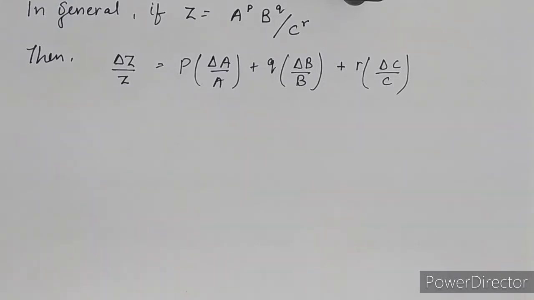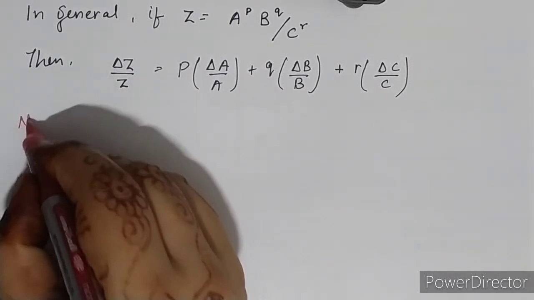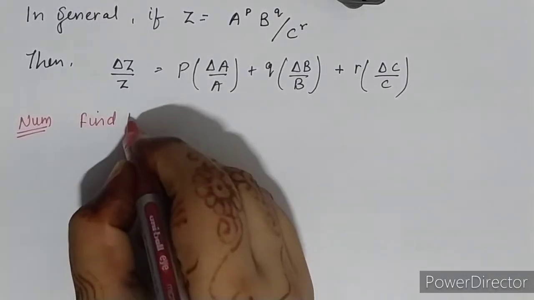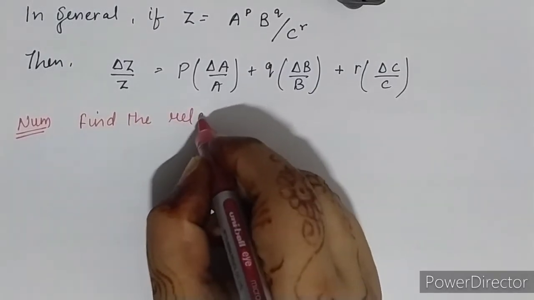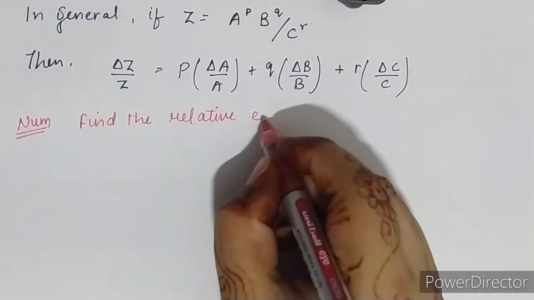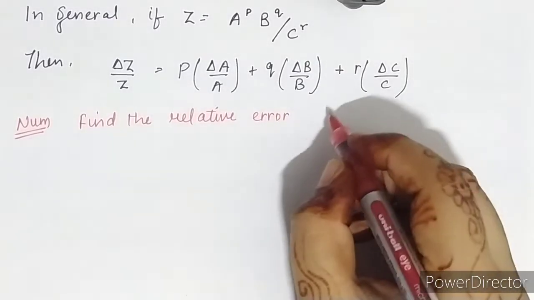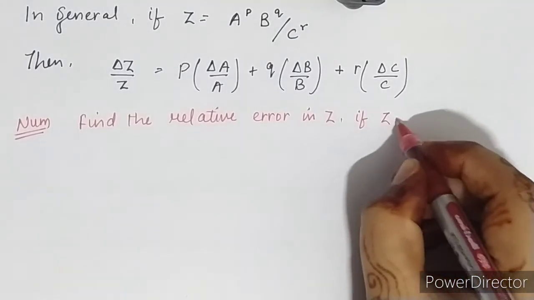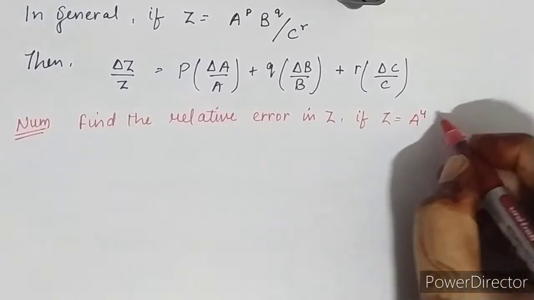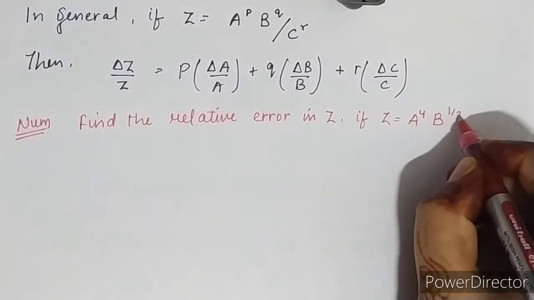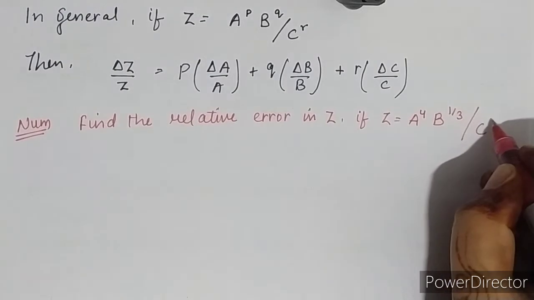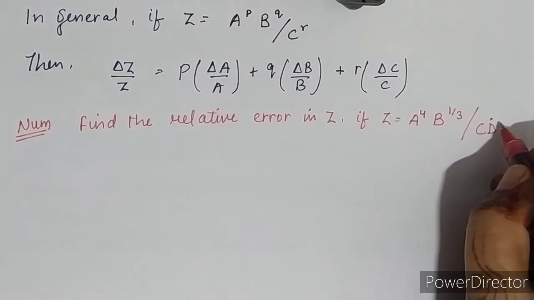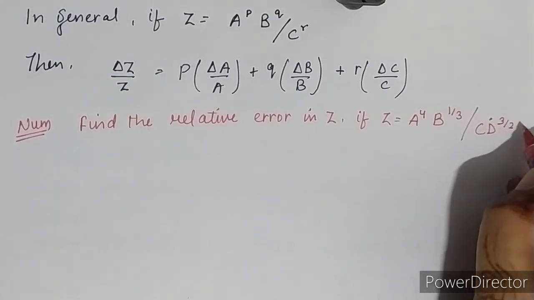Find the relative error in Z if Z equals a to the power 4, b to the power 1 by 3, c, and d to the power 3 by 2.